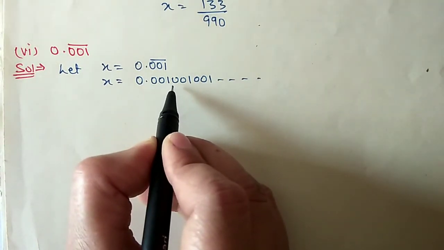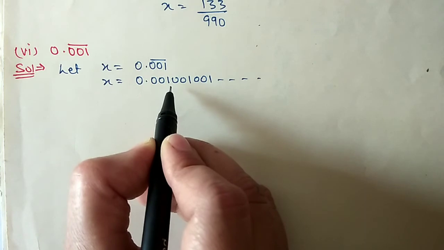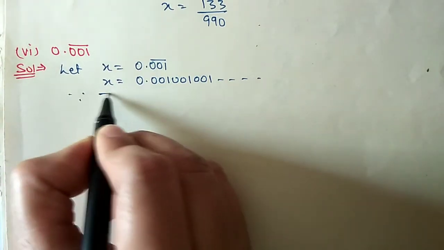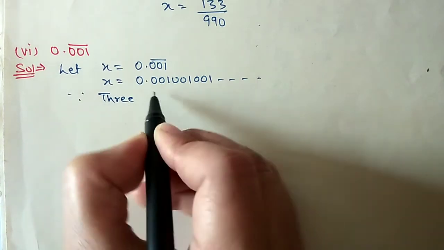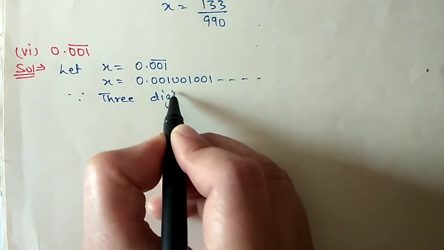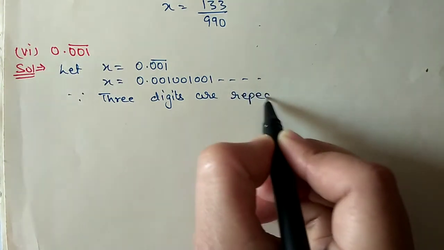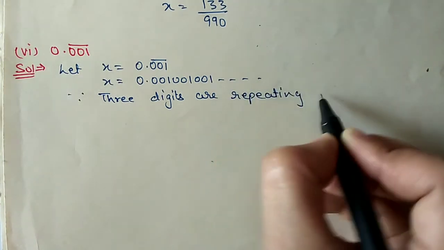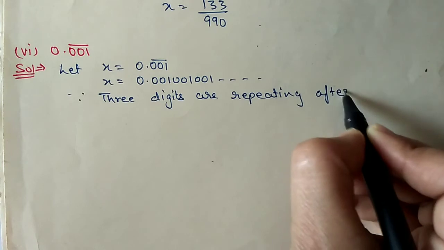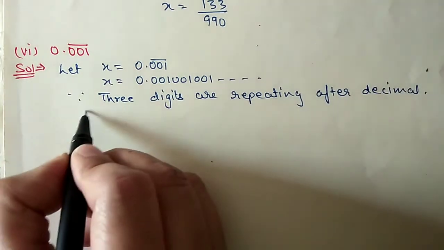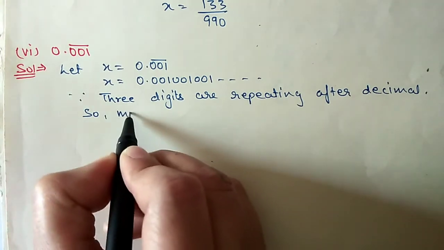Because three digits are repeating after the decimal, we will multiply with 1000 both the sides.